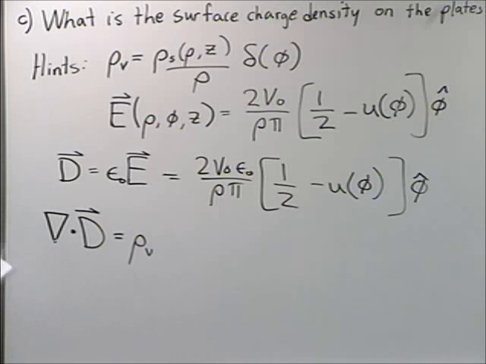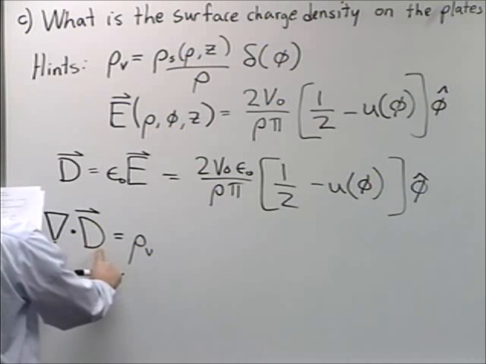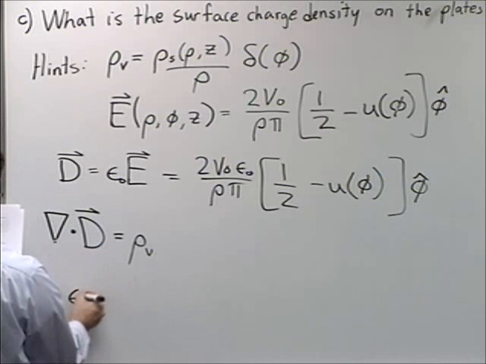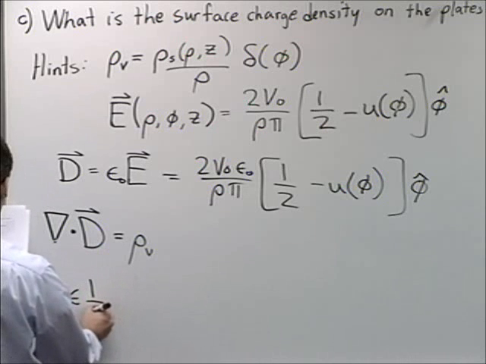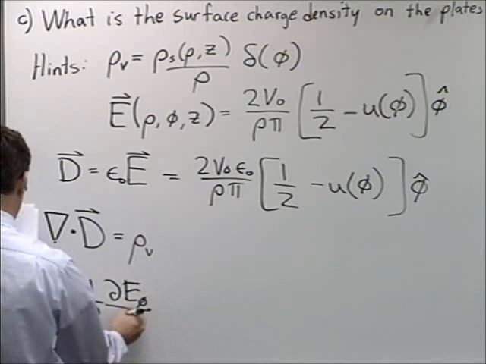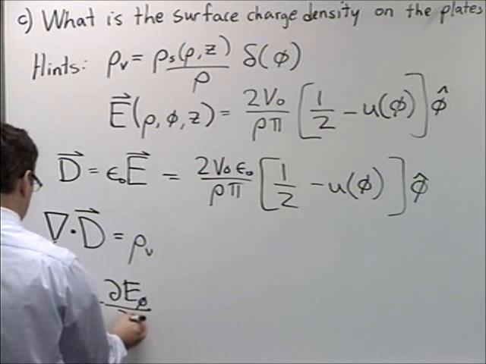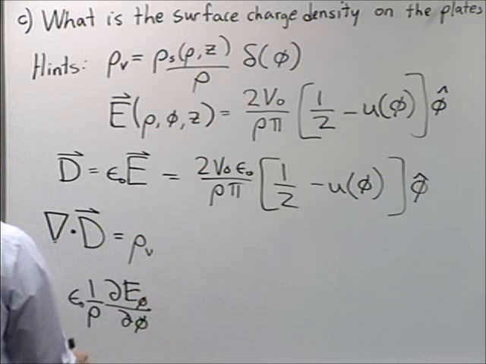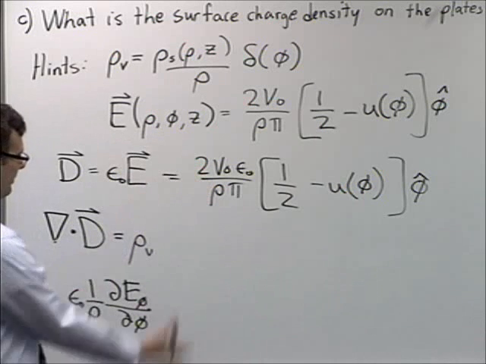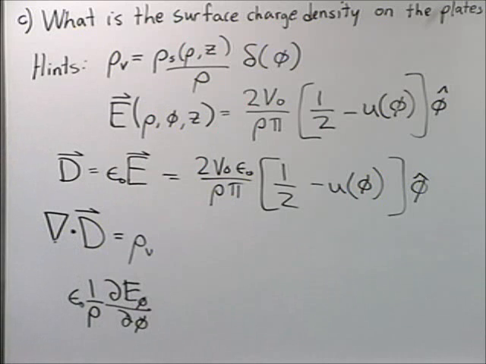I look at the back of the book, and I note that the divergence of E is really epsilon times 1 over rho times the partial derivative of the phi component of electric field with respect to phi. And all the other terms in the divergence are 0 in cylindrical coordinates when something is only a function of phi like this.